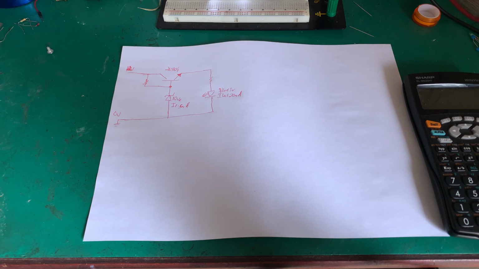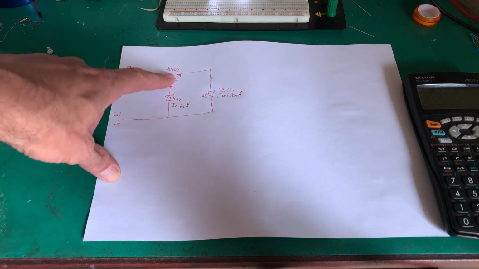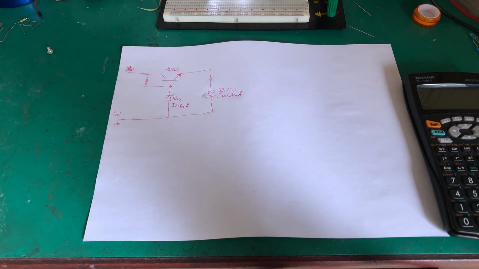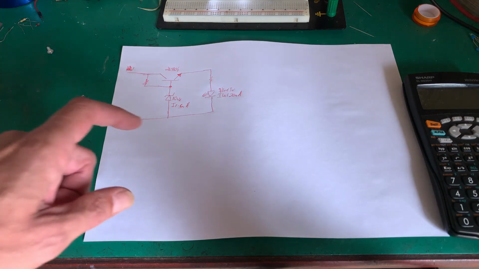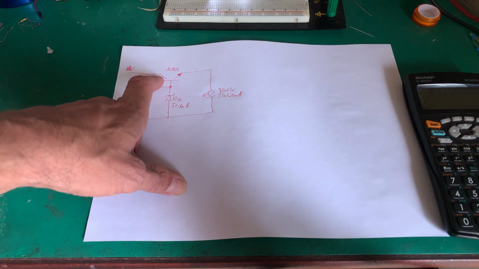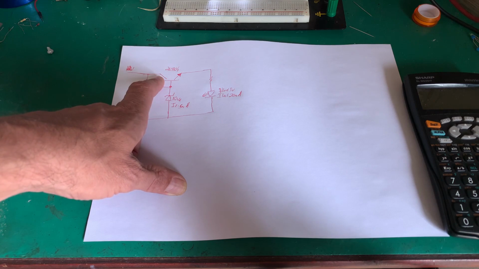First thing we need to do is look at the data sheet for the 2N3904. Like I say, we're not going to use it in saturation. We're going to use it in the active region. If we look at the 2N3904 data sheet and the on characteristics, the DC current gain, the minimum gain at a collector current of 10 milliamps is 100.